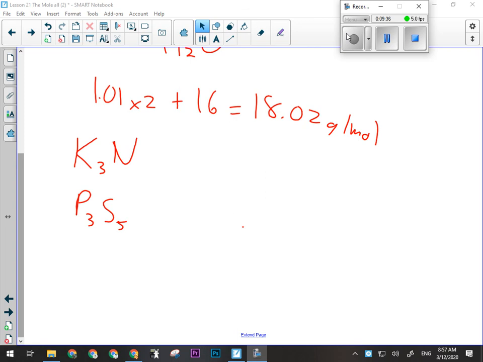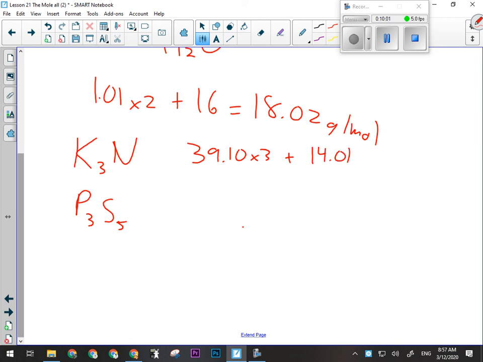Okay, so let's quickly have a look at these ones here. If I've got potassium nitride, I've got to take the molar mass of potassium and multiply it by 3. Potassium is 39.10, is that right? Multiplying that by 3, and then adding that to the molar mass of nitrogen, which is 14.01.